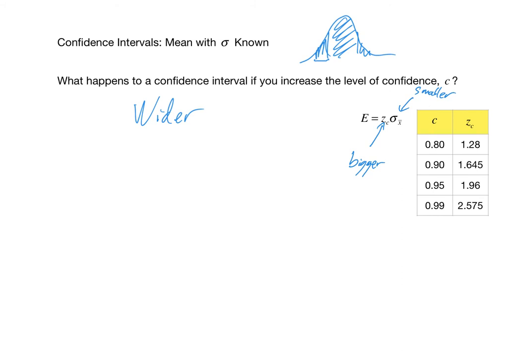And remember, sigma sub x bar is equal to sigma divided by the square root of n. So the way that we can make this thing smaller is by getting larger values of n, because you're going to divide by a larger denominator, which will make the overall fraction smaller. So basically, we can increase confidence without expanding the confidence interval by increasing the sample size.